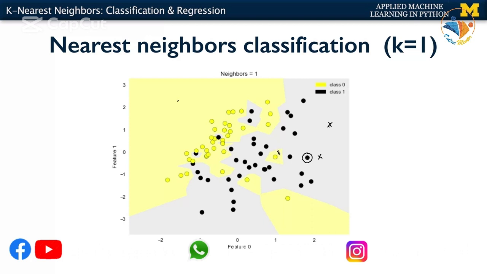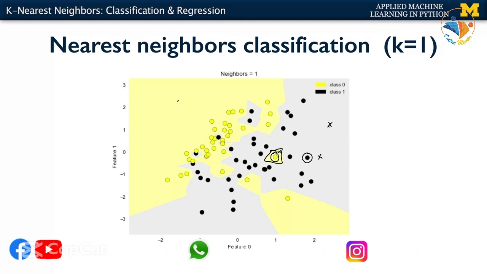Likewise, if we have a point over here, the nearest point in the training set is actually this point right here that has a class 0 label, and so that point would get assigned a class 0. In fact, this whole region right here represents all the points that are closer to the class 0 training point than any of the other class 1 training points. So this whole region here represents a 1 nearest neighbor's prediction of class 0.